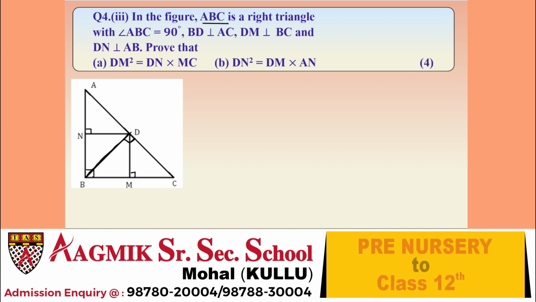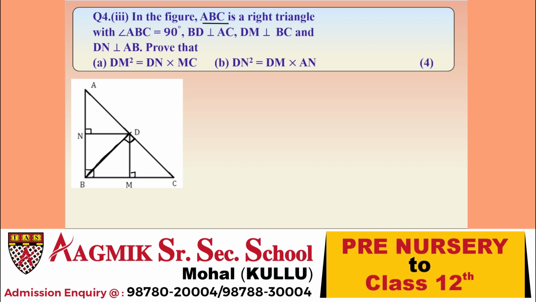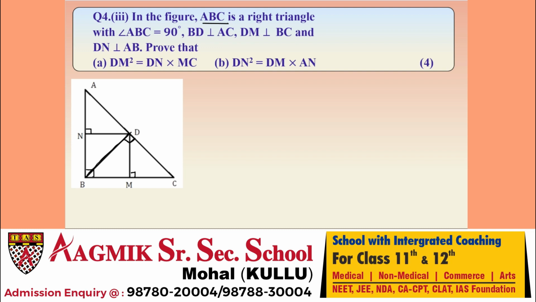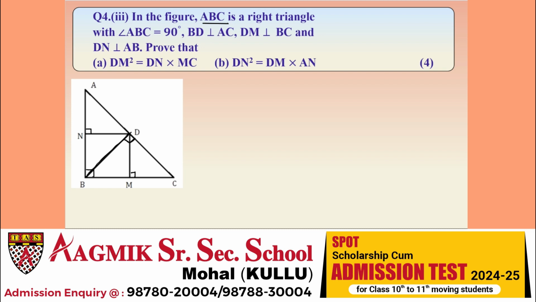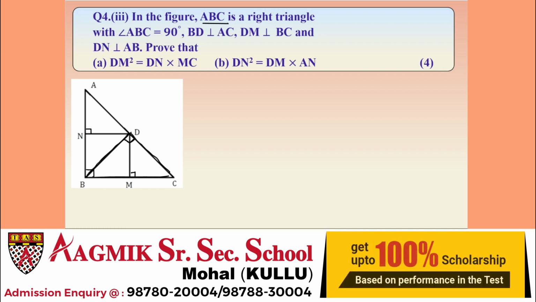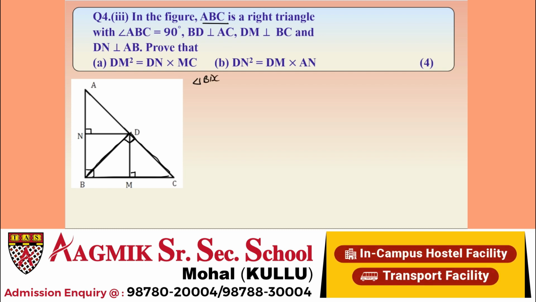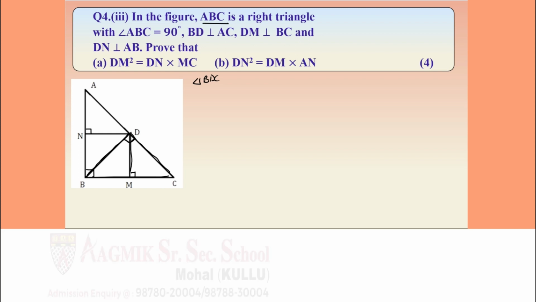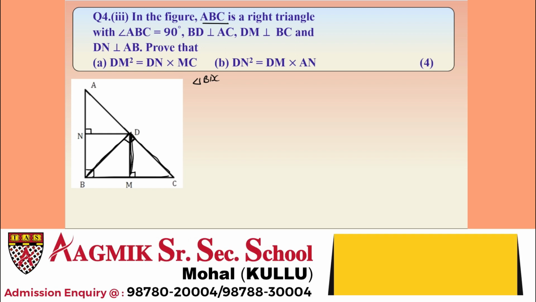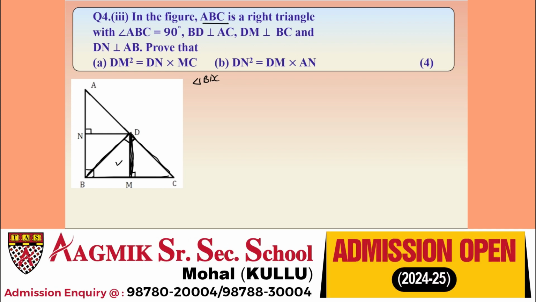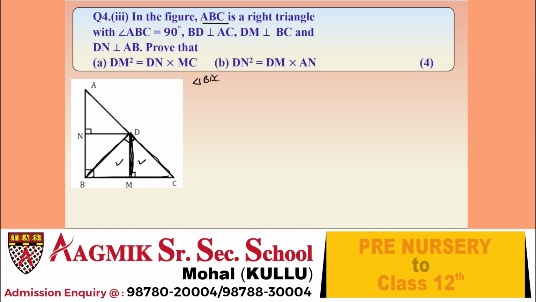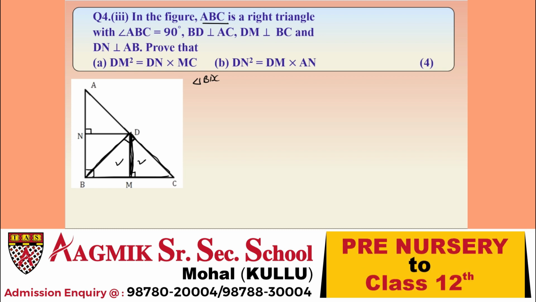Now same thing, if you consider this as right triangle, triangle BDC, in this triangle we have this perpendicular DM. So it is dropped from the vertex on the opposite side. That means these two triangles will be similar to each other, right, and to the whole triangle.